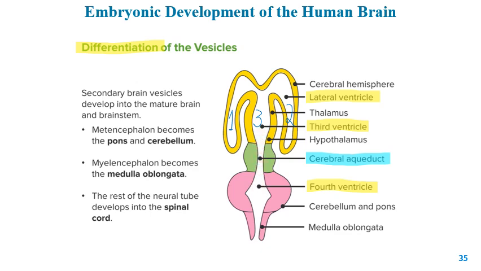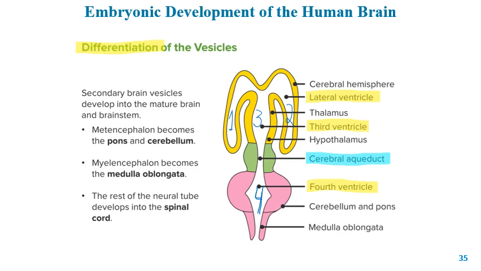And then your 4th ventricle is going to be in this area over here. That's going to be close to the cerebellum and the pons at the hindbrain. So in the midbrain, you're going to have the aqueduct, and in the hindbrain, you're going to have your 4th ventricle. And in the forebrain, you're going to have 3 main ventricles, two lateral and one in the center.